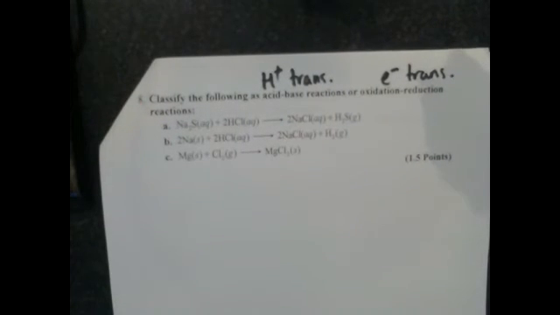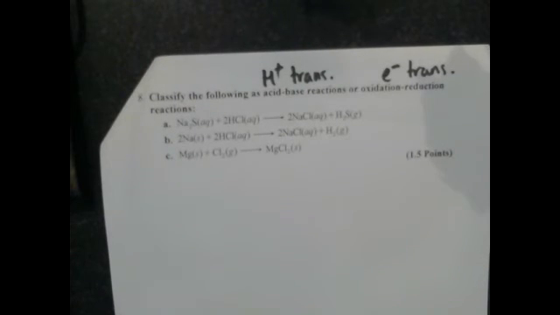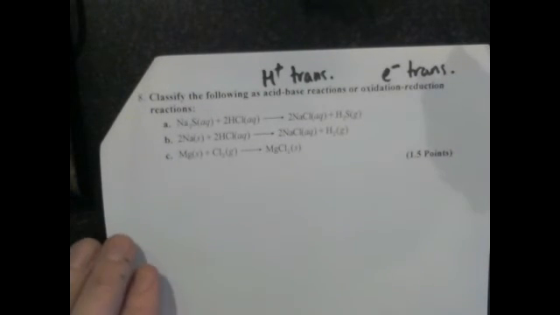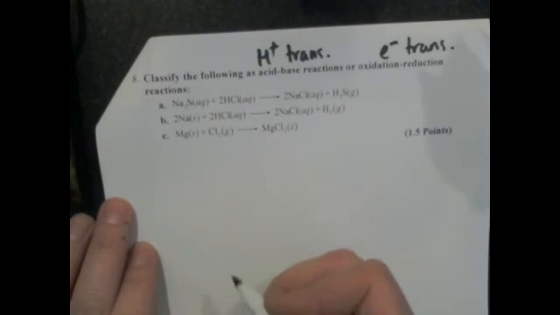Okay, so a proton gets transferred from an acid to a base. That gives you an acid-base reaction. And electron transfer is harder to observe, but how we can tell that we've got electron transfer is that there will be a change in oxidation number. So a couple of characteristics of acid-base reactions.